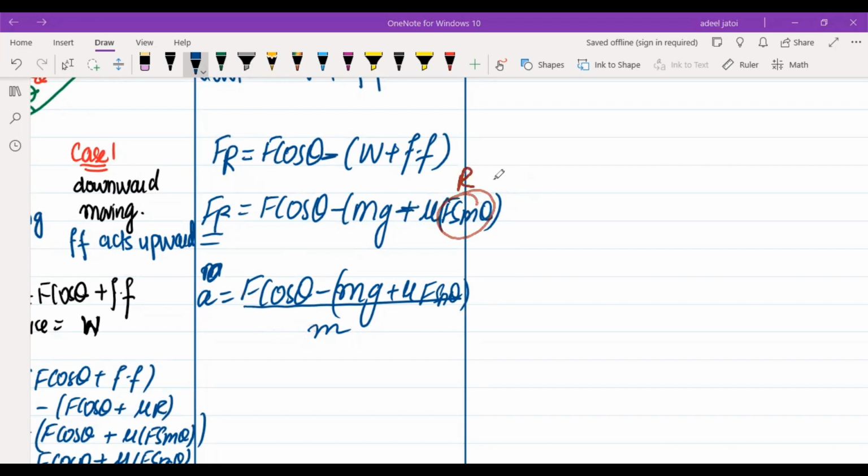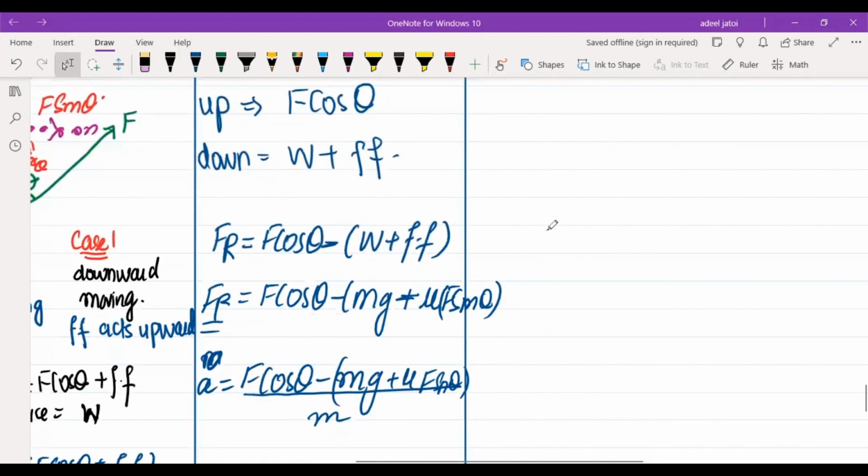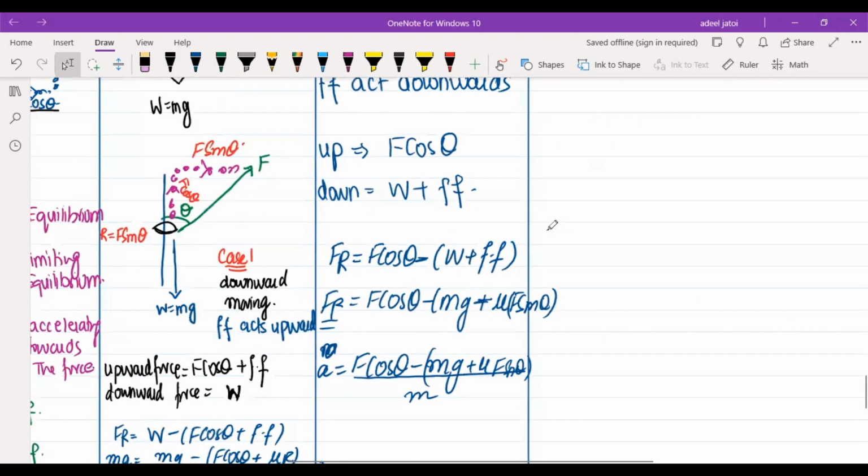Your reaction was F sine theta, because if you knew that it was a vertical force on the right hand side, your force on the right hand side was F sine theta, so your reaction is F sine theta on the left hand side, right?